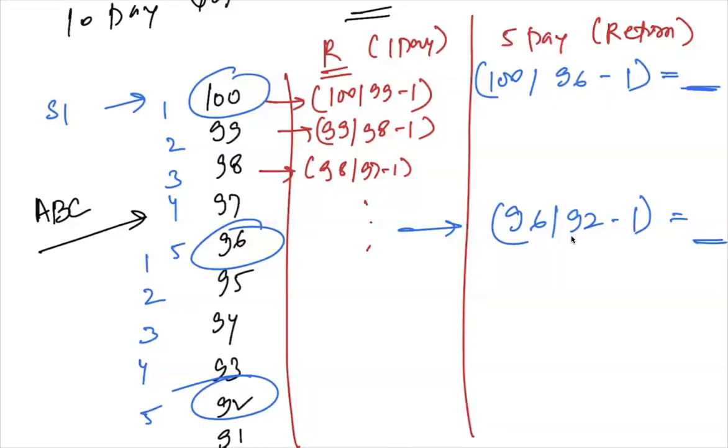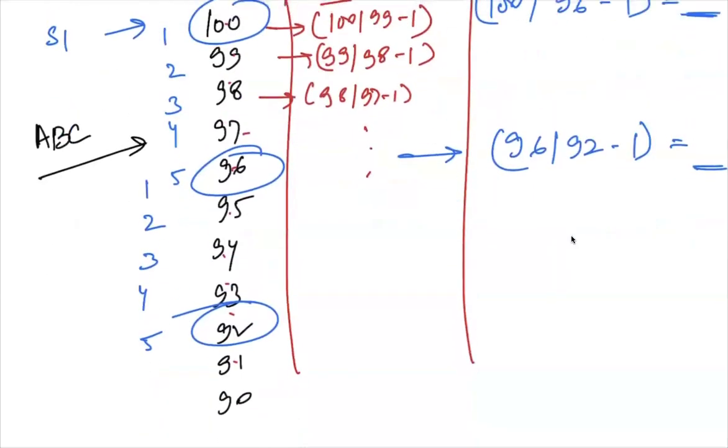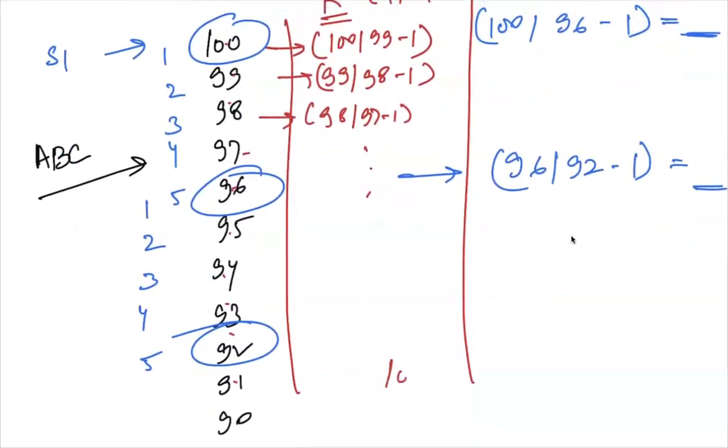And when I say 10 day, what I mean is 1, 2, 3, 4, 5, 6, 7, 8, 9, 10. So when I calculate my first return, it will be 100 divided by 91 minus 1.